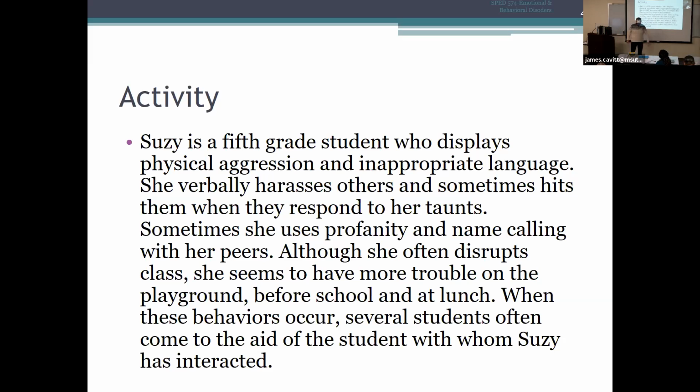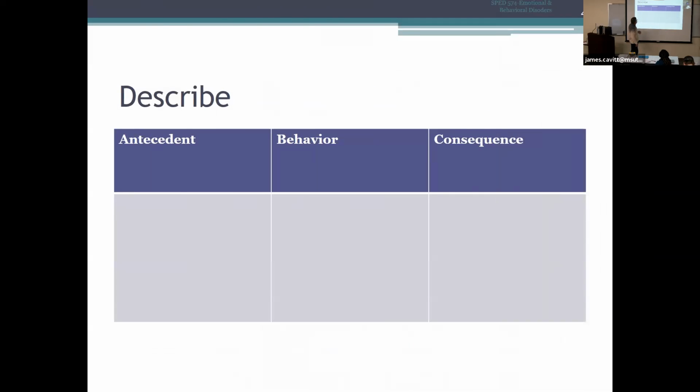So when we start taking this apart, this is a real simple, short case, but a lot of times this is all you get. At the same time, there's a lot of information there, isn't there? You know that she's not interacting well with her peers. She's got difficulty there. She's not being socially appropriate most of the time. So when we look at it, we describe the antecedent, the behavior, the consequence.